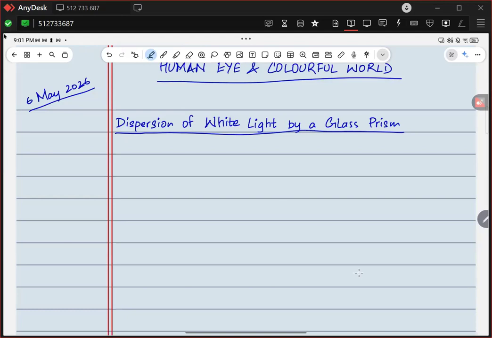So we all know that a rainbow is made up of 7 colors, right? Which are violet, indigo, blue, green, yellow, orange, and red, right?